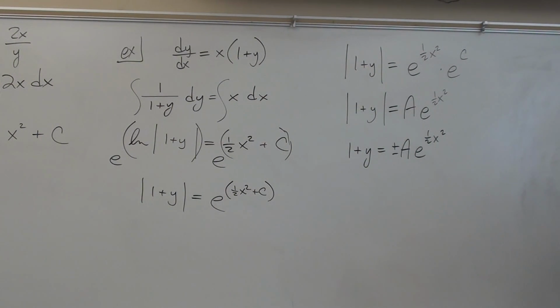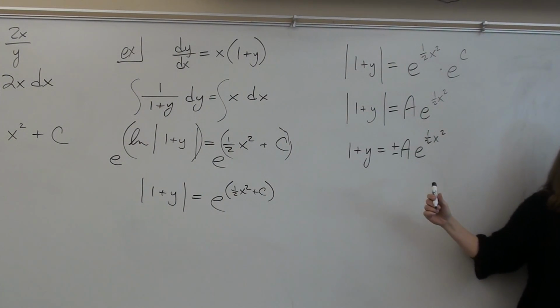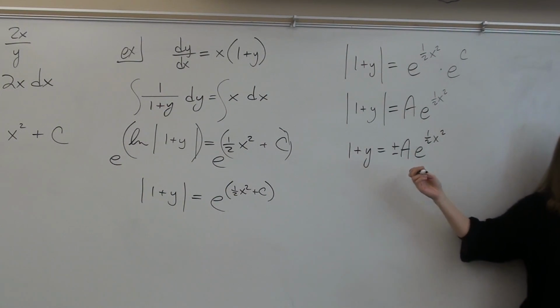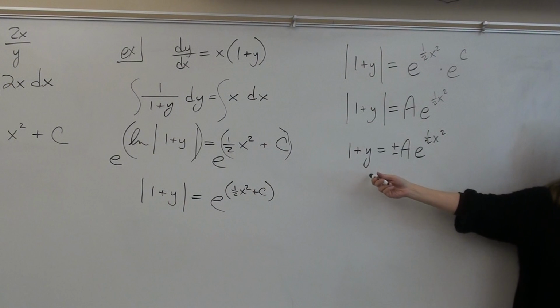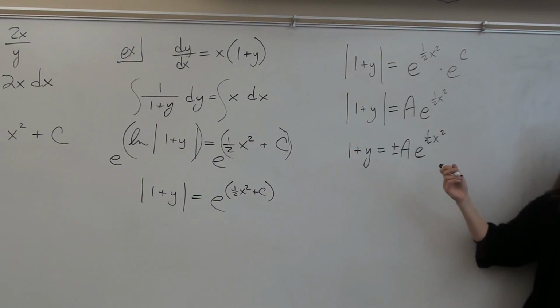Here's the part that is going to take a small leap of faith. The solution to a differential equation has to be a function. It can't just be an expression. Which means you can't have y equals plus or minus something, because that would not be a function. You'd have one input with 2 outputs.